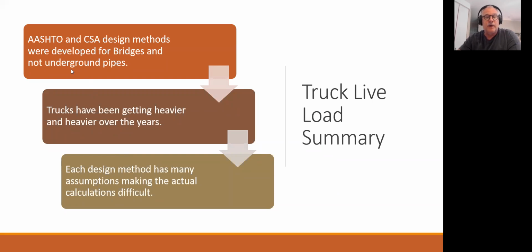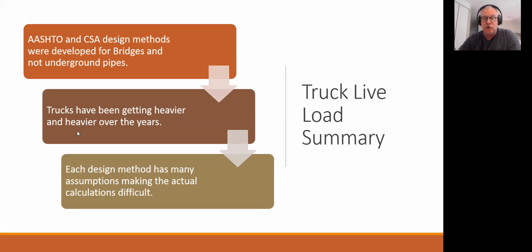So as I said, these were developed for bridges and not underground pipes. Trucks over the years keep on getting heavier, so everybody wants to specify a heavier truck. I've seen a transport truck like an HL30, a massive transport truck that can only go on a highway, being applied for a small trail where that truck can never go.